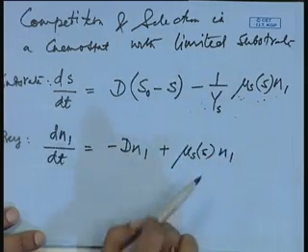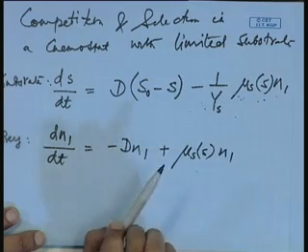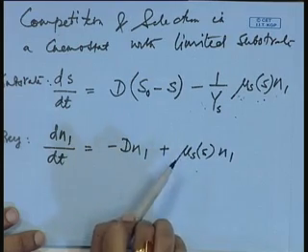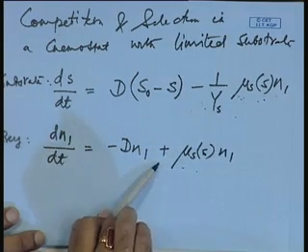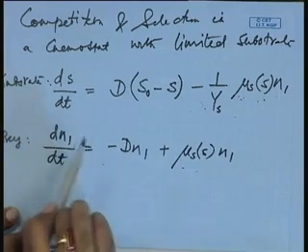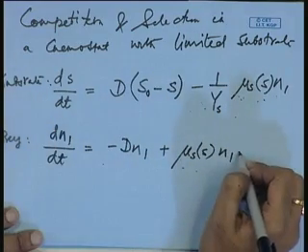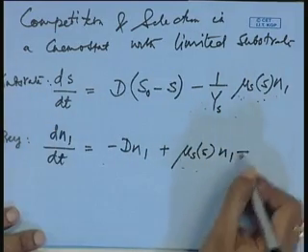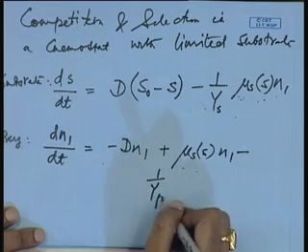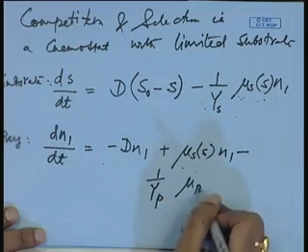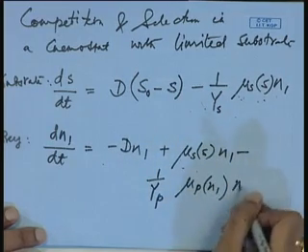This is the growth of the prey from the substrate. It is eating the substrate and growing, which is why it comes with a plus sign, while the first comes with a negative sign because it is exiting the system. And then you have minus 1 over Yp mu p N1 times N2.